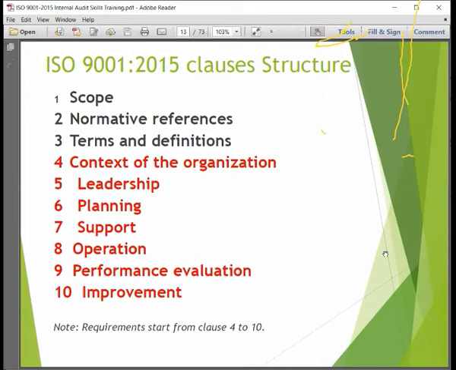The requirements that an organization needs to fulfill in order to claim that it is compliant with this ISO 9001. The first 3, the scope, will describe what the standard is all about, where it applies, normative reference, any other document that has been used to compile the document, terms and definitions.